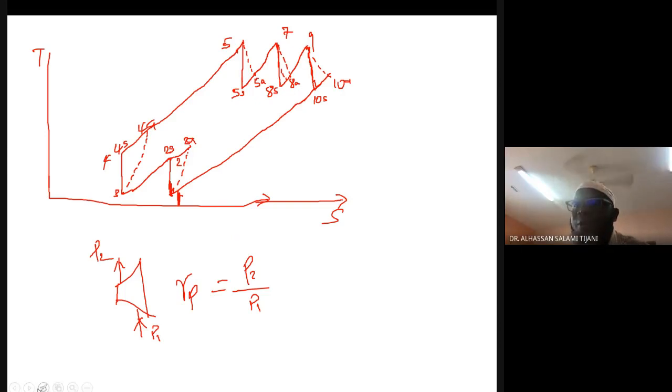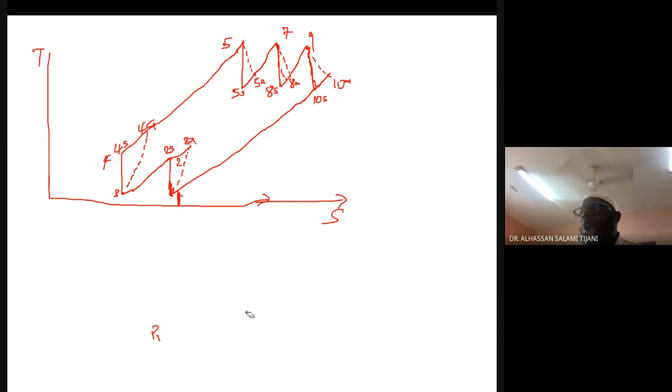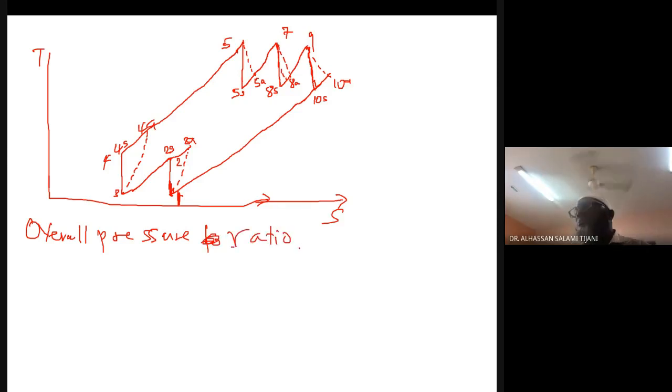So for this particular case, when we are told that the overall pressure ratio equals 16, it implies that P4 divided by P1 equals 16.